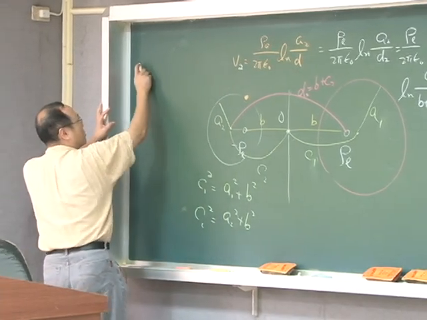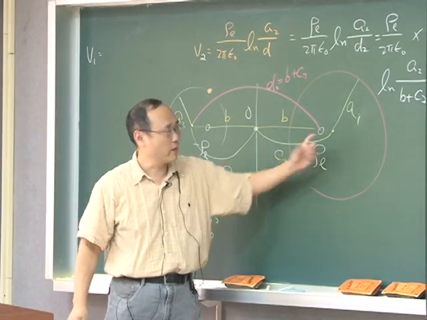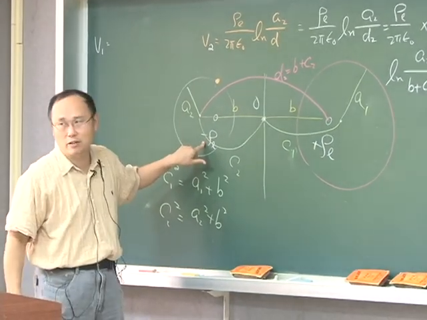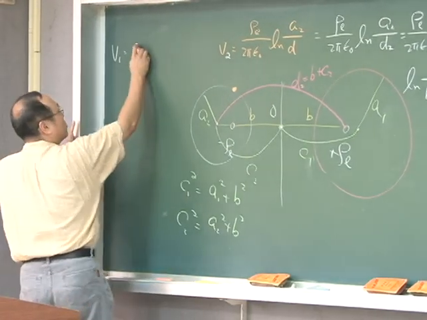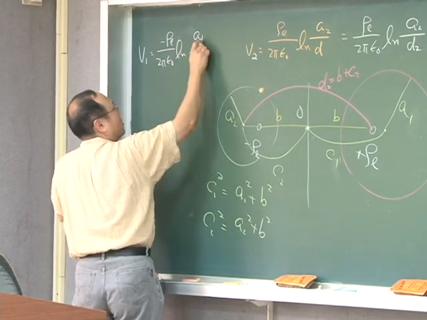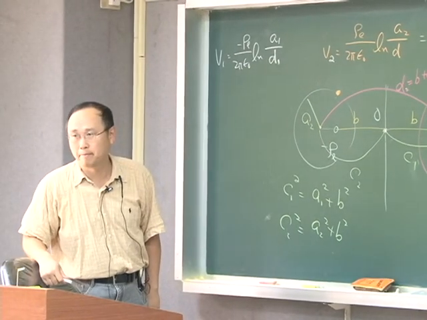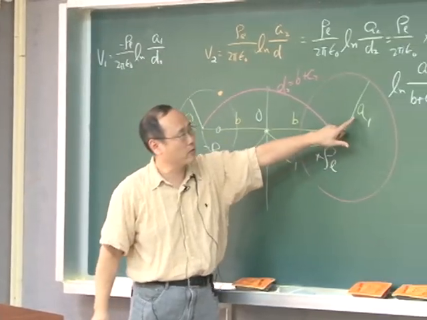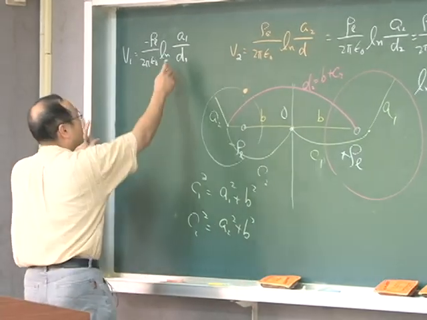You can calculate V1, that is equal to, on the right hand side, with the charge reversing its sign. This is plus rho L, and this is minus rho L. So the electric potential on this circle is going to be equal to minus rho L over 2 pi epsilon naught natural log A1 over D1. Okay, and if you have this circle, you know its radius, which is A1. So A1 is a known parameter.